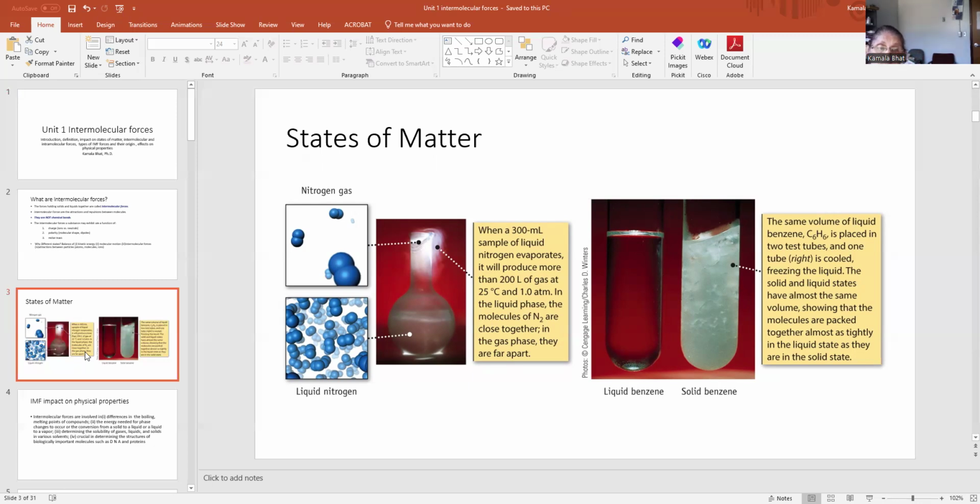In the liquid phase, the nitrogen molecules are close to one another, but in the gaseous phase, they are far apart. The same thing happens with liquid benzene. If it is cooled to its freezing point, you get solid benzene, and the figure shows how closely the molecules are packed together in the solid state.